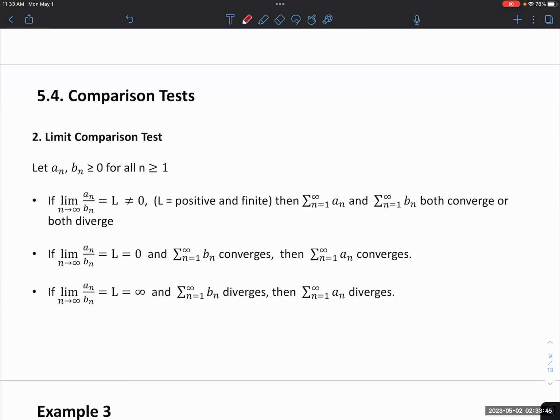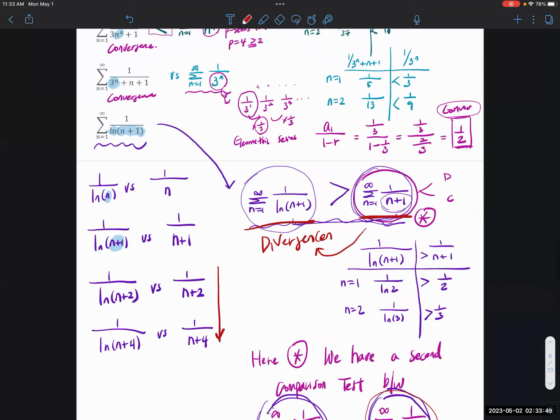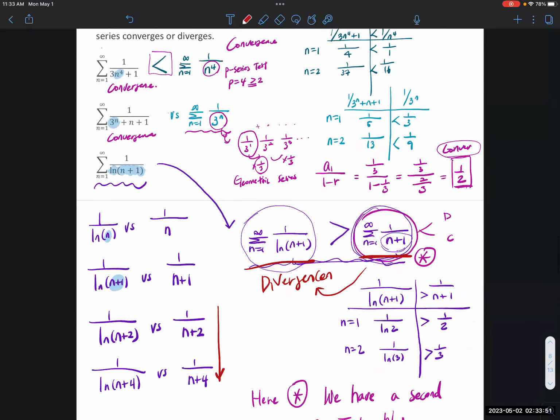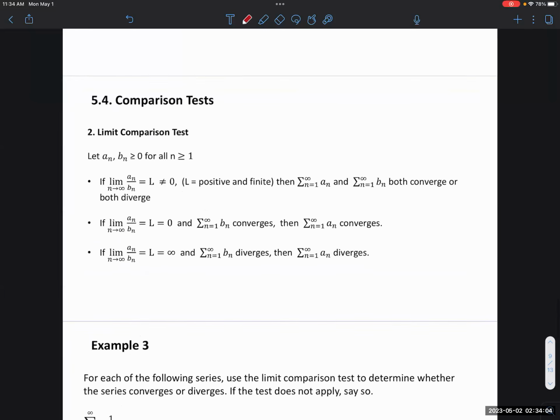So one thing is, if you love the general way of using comparison tests, like I showed you in the example, go for it. But sometimes we have a super complicated fraction. Then I suggest using the limit comparison test method.